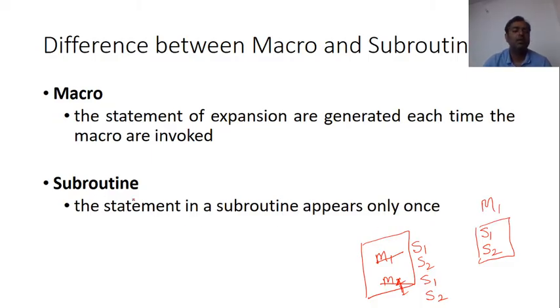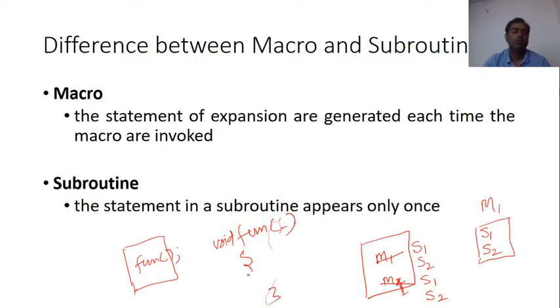In a subroutine, the statements appear only once. The example is like this. Suppose that I am taking a function in C language. That function is called here and that is defined here. Suppose that this function is void fun and there are some parameters. These are defined here.